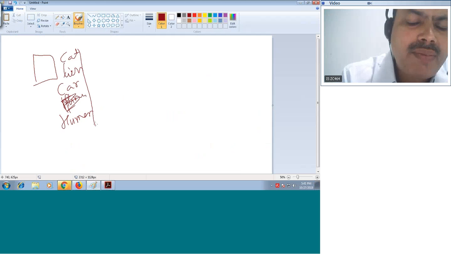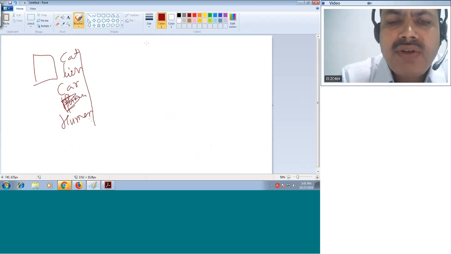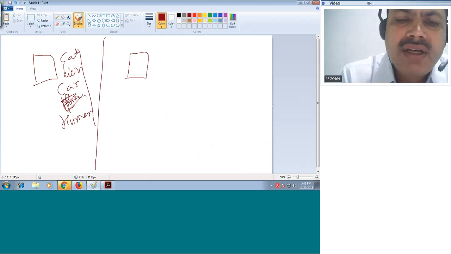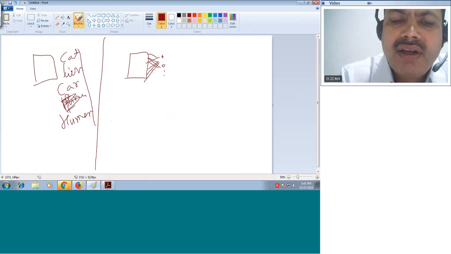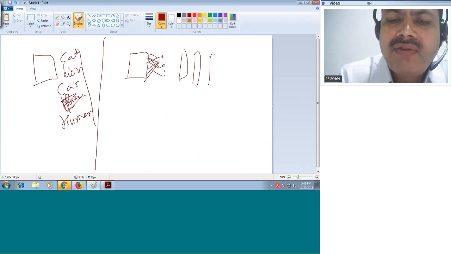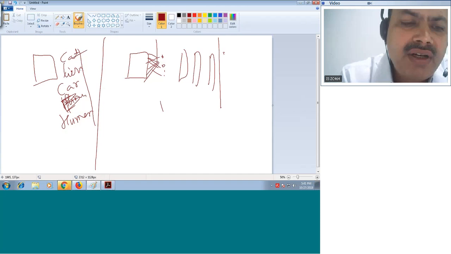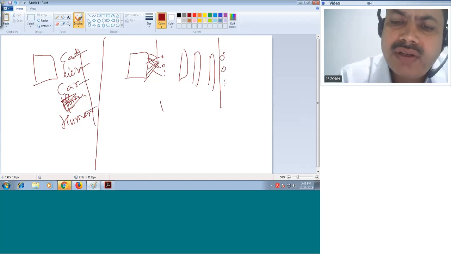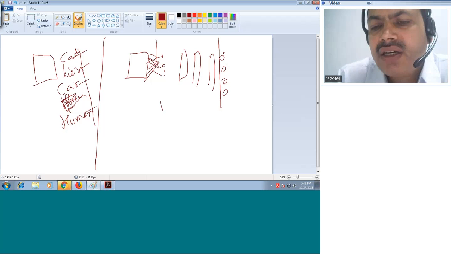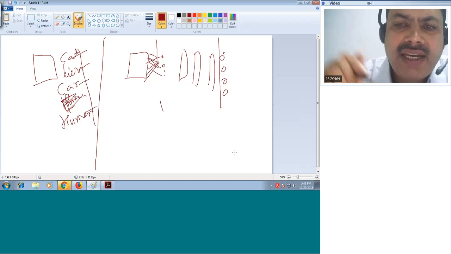If all these things are possible, how would you make the network? You would provide the image, then there would be a first layer, second layer, third layer, fourth layer, whatever you do, and in the final layer there would be 4 neurons, one neuron for each category.